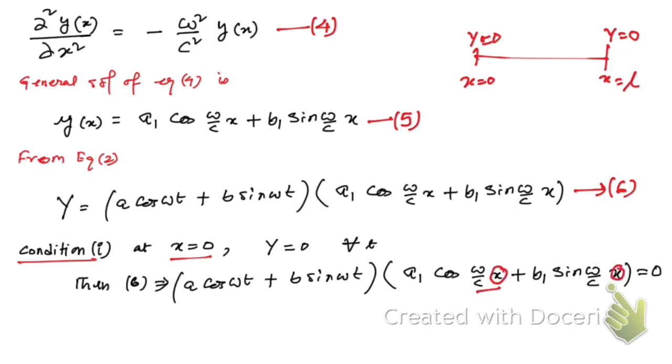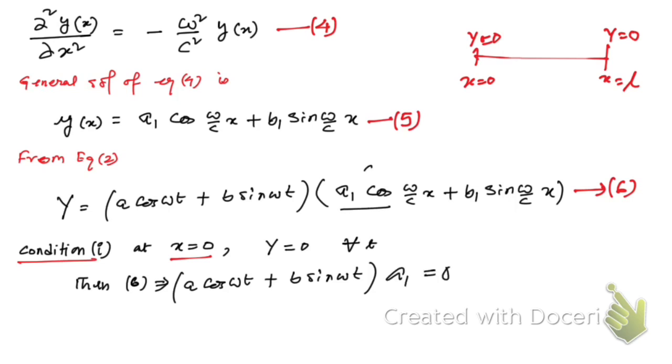So if we replace this x by 0, then here we're gonna get cos 0 and here we're gonna get sine 0. Okay, now you see cos 0 is 1, sine 0 is 0, so that's why we have here a1 is equal to 0, because only we have got a1 into 1, this part becomes 0 on putting x is equal to 0, right? That's why we have got this. So this implies that a1 is equal to 0.